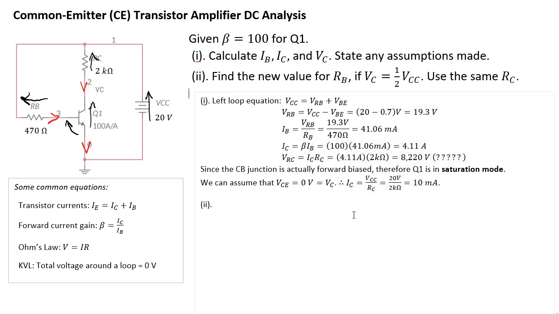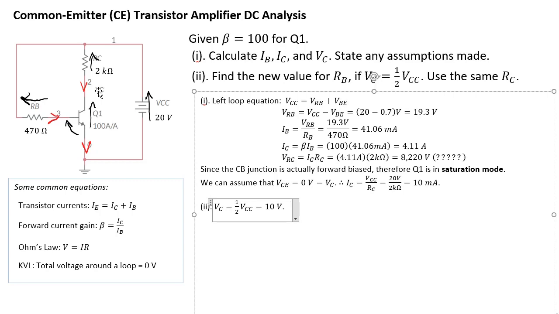So VC is equal to half of VCC, which means half of 20 is 10 volts. So VC is going to be 10 volts, which is also VCE, by the way. So VCE and VC are 10 volts.